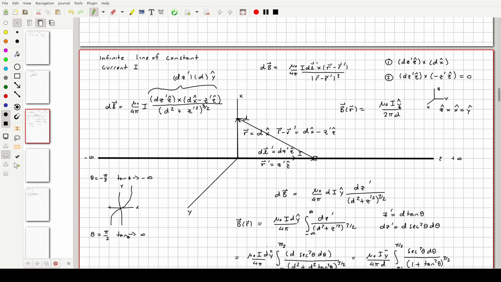It points along the y-axis. So here it would be pointing straight out at us. So this would be the direction of B at this point.